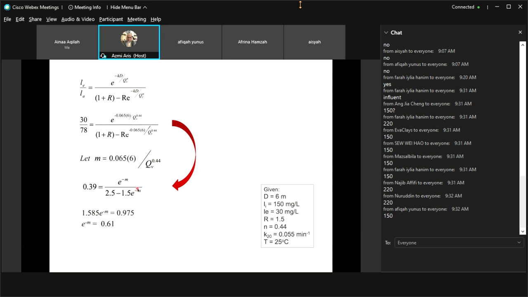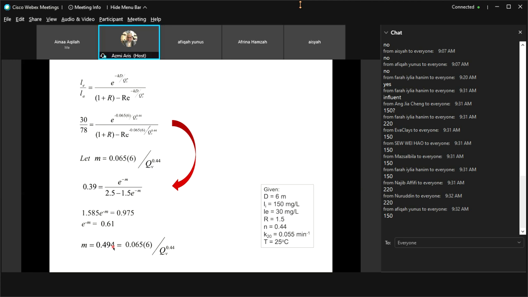So we solve for e to the power minus m, put it to one side. Then you solve for m with ln of 0.61, so you get m equal to 0.94.